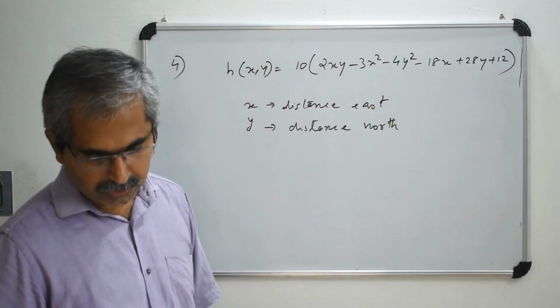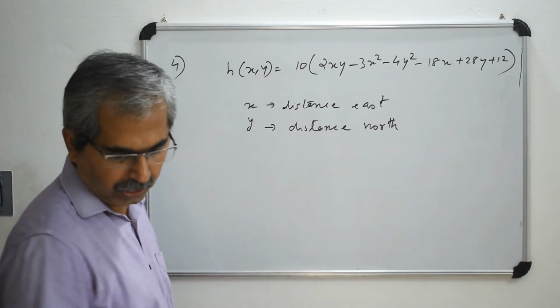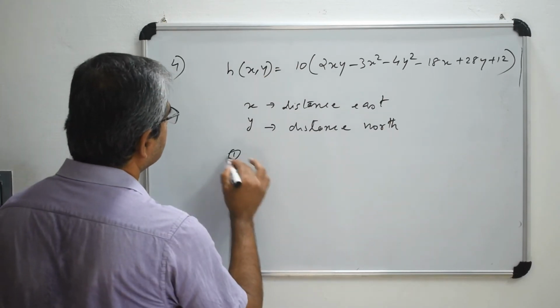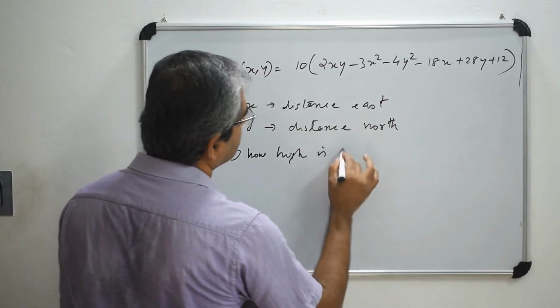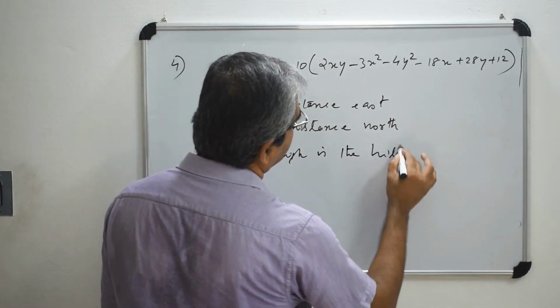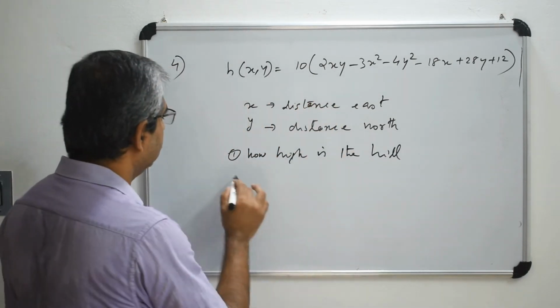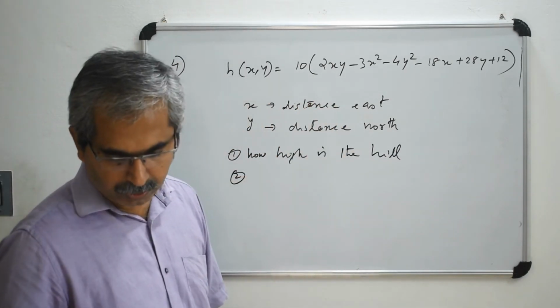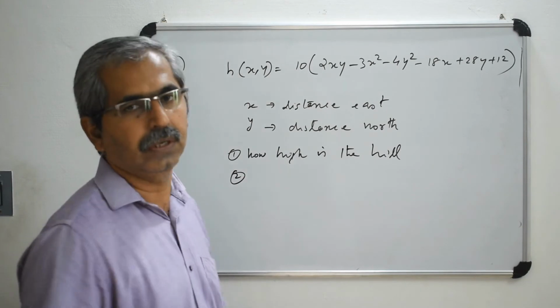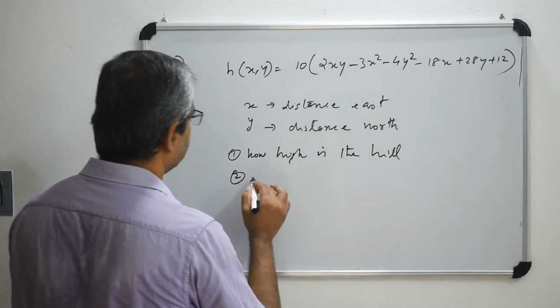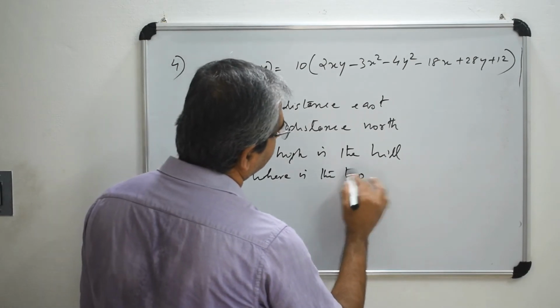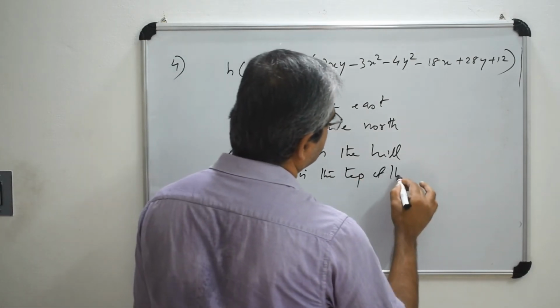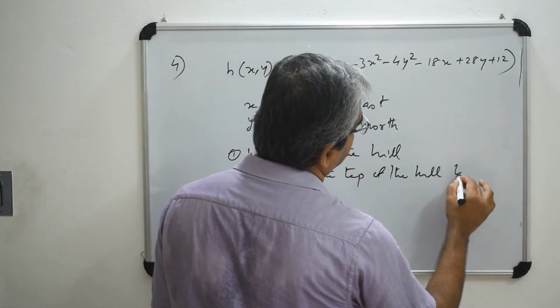Okay, now the question is, how high is the hill? That means the height you have to work out. And second one, where is the top of the hill located?